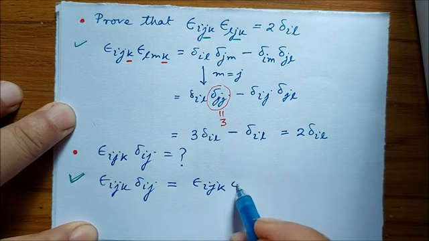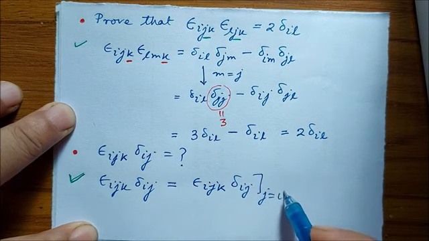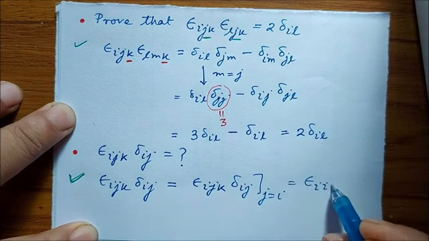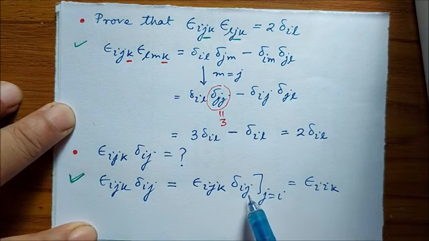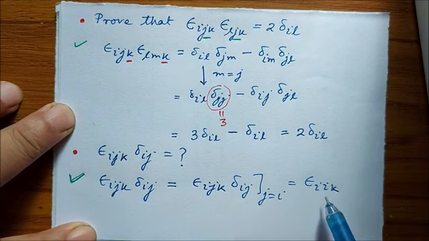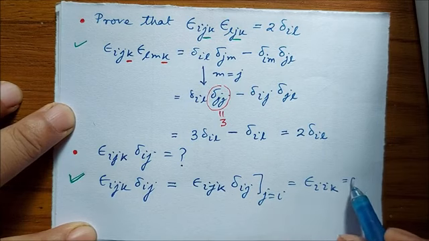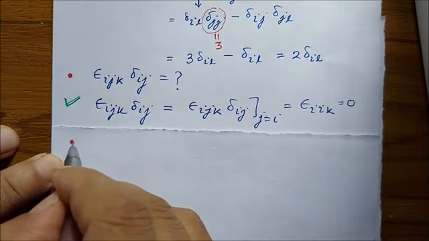So we rewrite it with j equal to I to get epsilon iik, and delta ii is 1. So this is what we get. Again, Levi Civita symbol involving two identical indices is 0. So this is 0. Let us go over to the next problem.